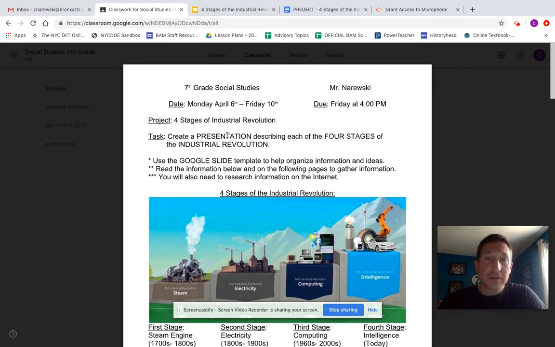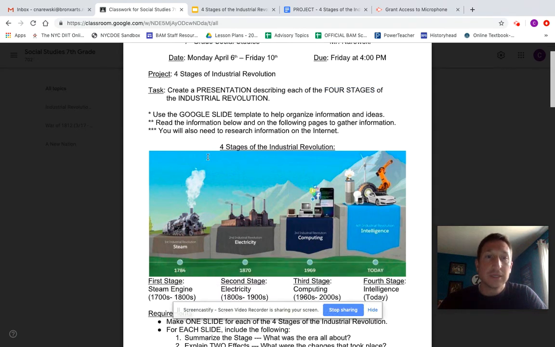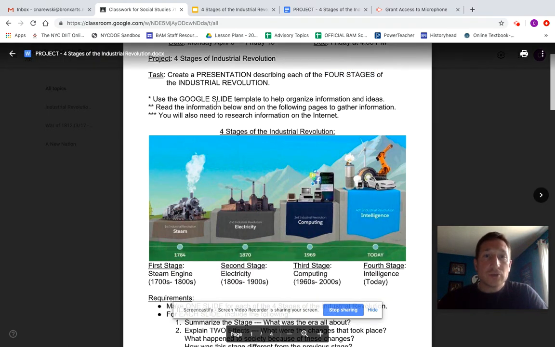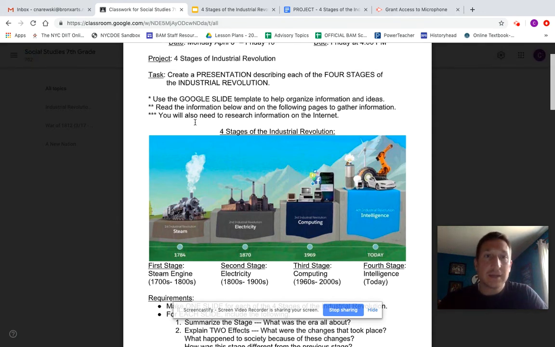Your task is to create a presentation describing each of the 4 stages of the Industrial Revolution. Use the Google Slide template to help organize information and ideas. So Google Slides is where all your information will go, and that's what your project is going to be based on.